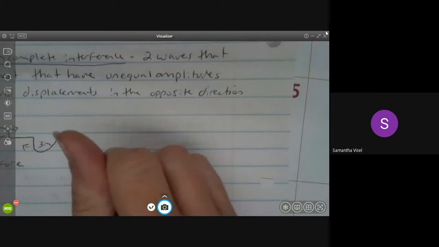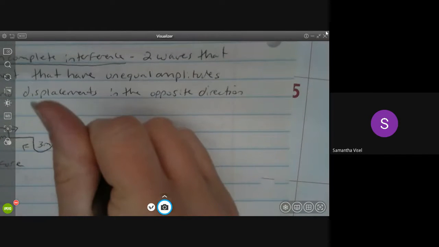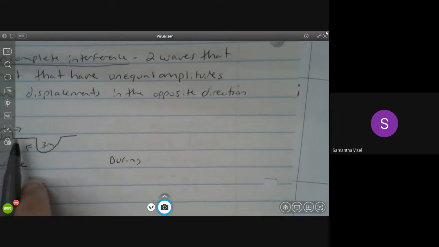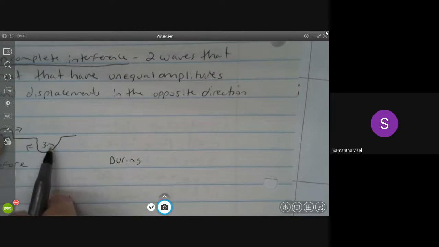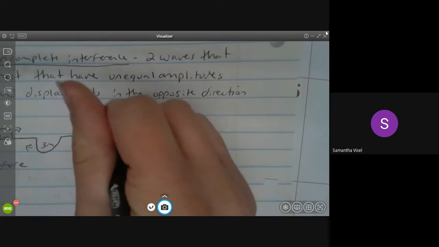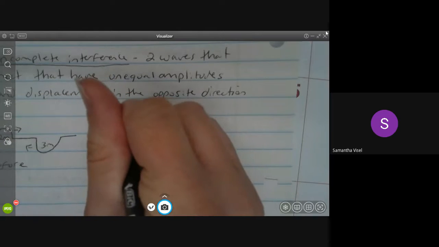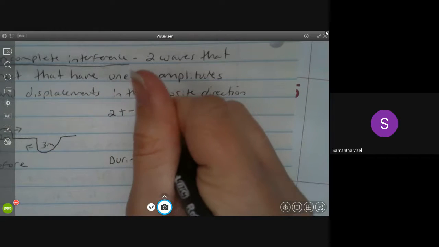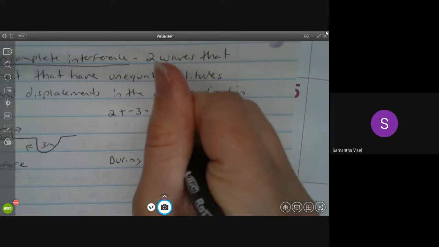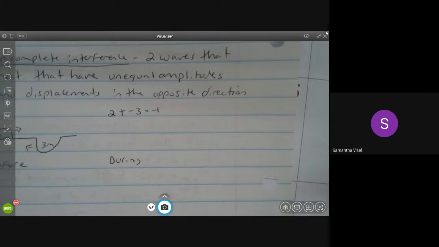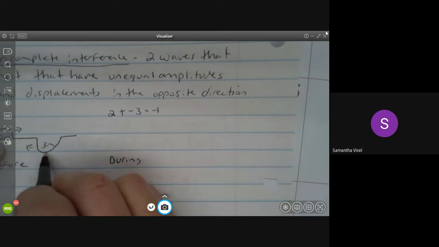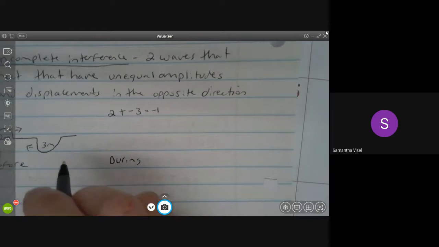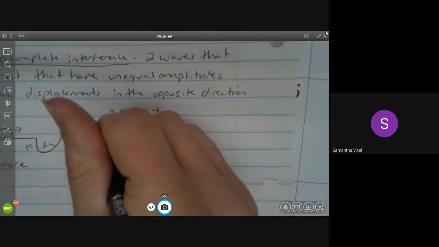So during, when they meet up, I have 2 above, 3 below. If we treat this like positive and negative directions, I would have a positive 2 plus a negative 3. That would leave me with a negative 1 left over. So whichever side's the biggest is the side that the resultant will be on.